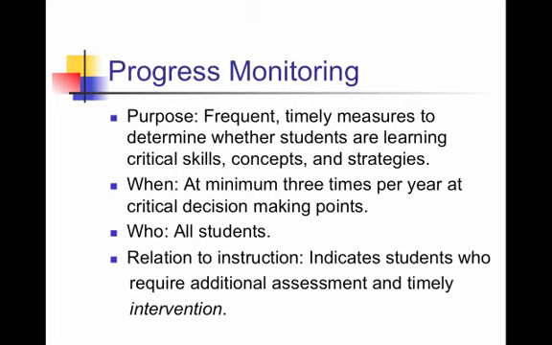Progress monitoring you should hear a lot about as well. These are frequent, timely measures to determine whether students are learning critical skills. So for example, say that you give a screening assessment and you identify the fact that a student doesn't know all of his letters. Most screenings don't ask every single letter of the alphabet, for example. They'll just ask a handful of them.